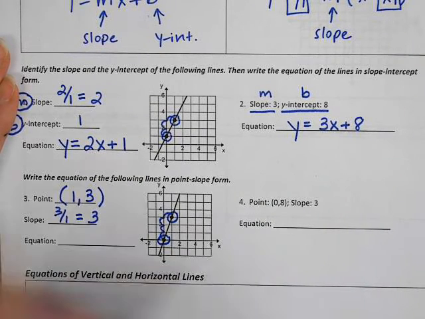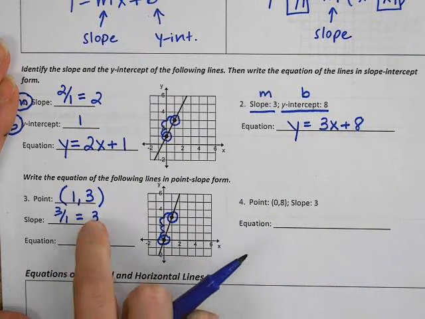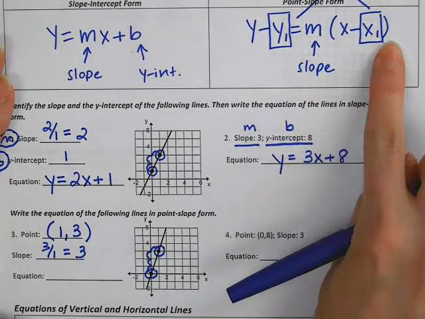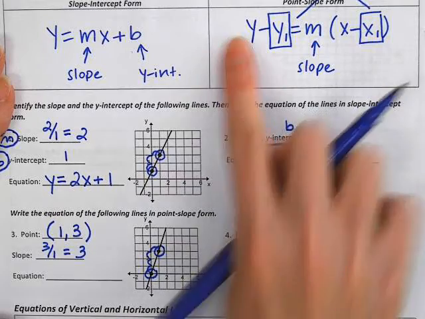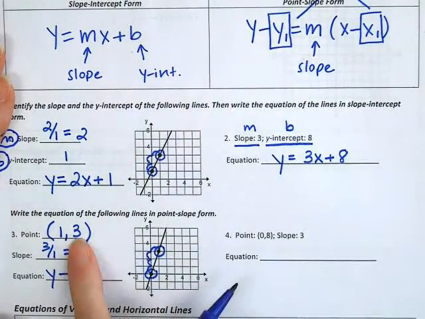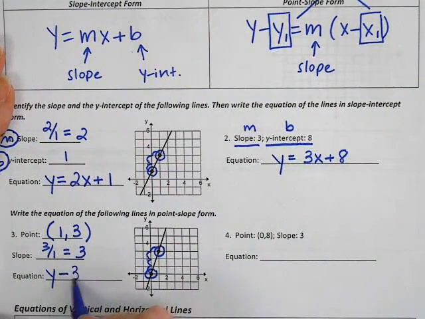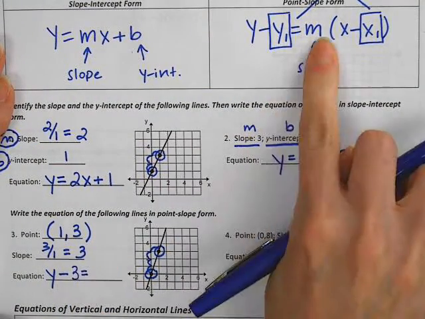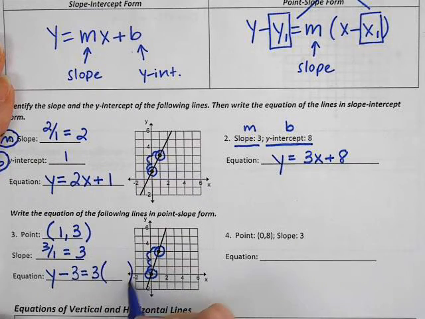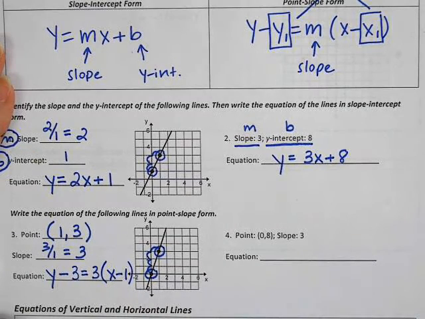And now that we have a point and a slope, we can plug it into point-slope formula right here. So remember, y is just y. Minus y1 is the 3, equals slope, which is also 3, and then parentheses, x minus 1, because x1 is 1. And you leave it like that.